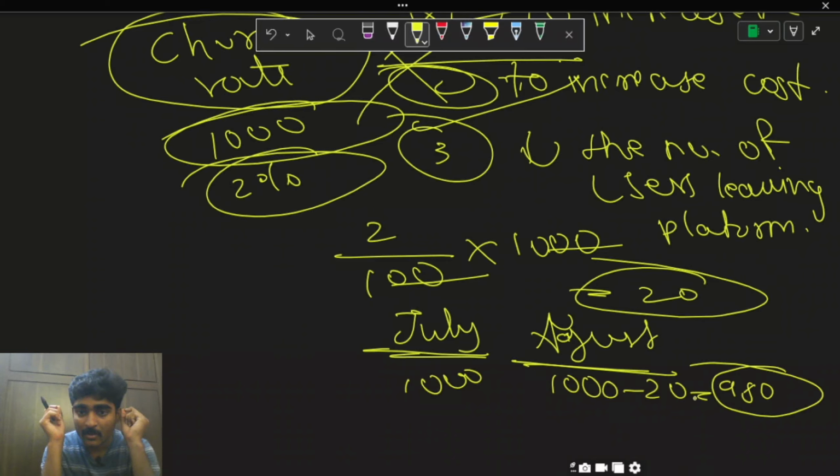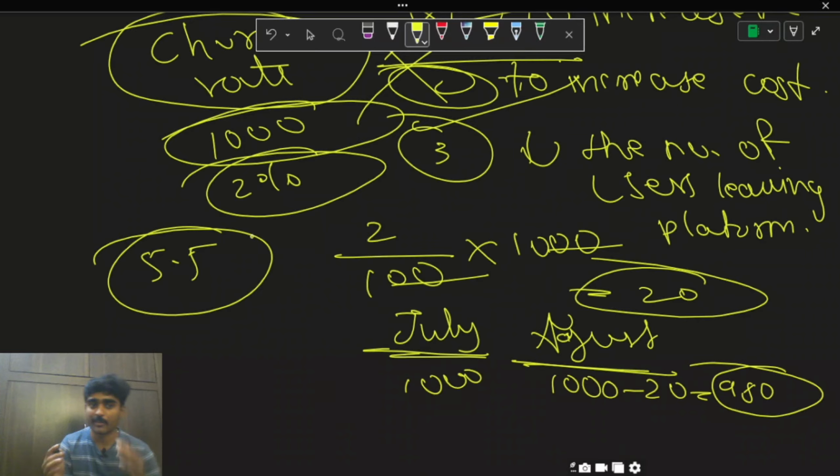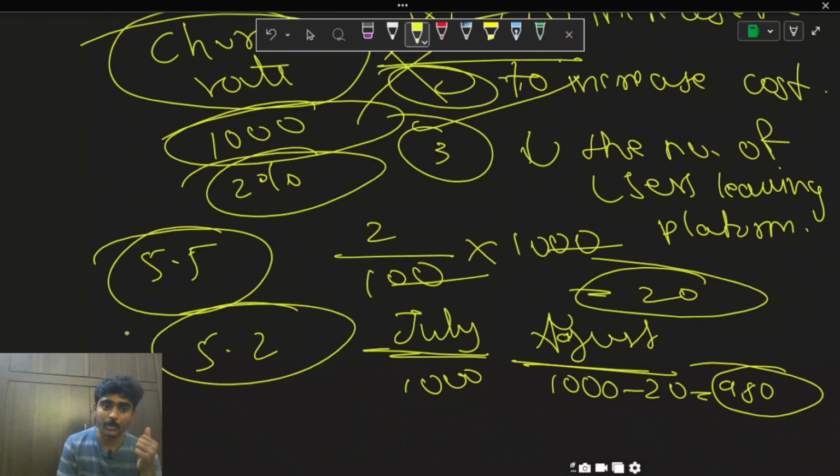Now as a data scientist, what you need to do is decrease this churn rate. You cannot make it exactly 0, but you need to decrease it. When we see the current statistics, the current Netflix churn rate is 5.5%. What you have decided to do is make it 5.2%.